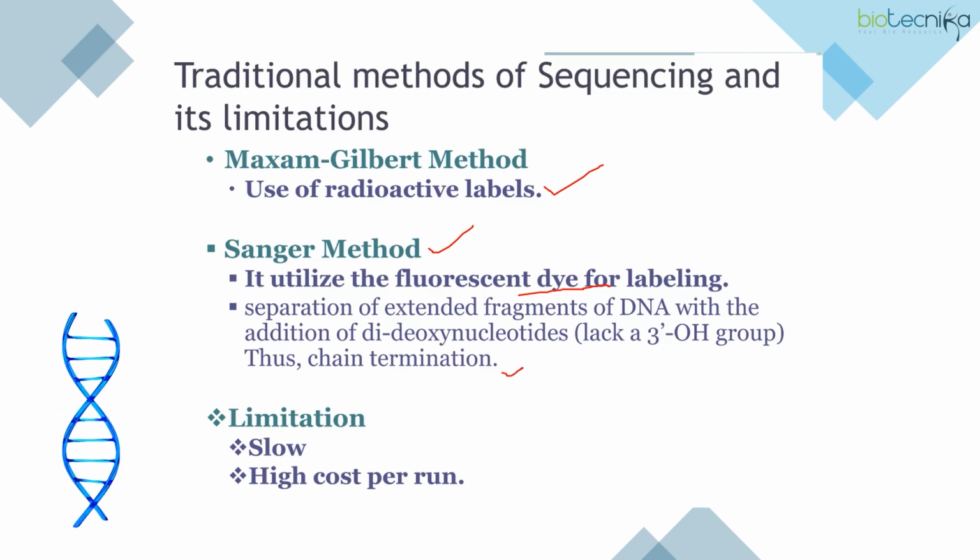Basically, it will fluoresce the specific fragments by labeling accordingly, and then we can identify the mutations. It does have certain limitations, such as being slow and costly per run, because it ultimately uses the dye and the radioactive labels.